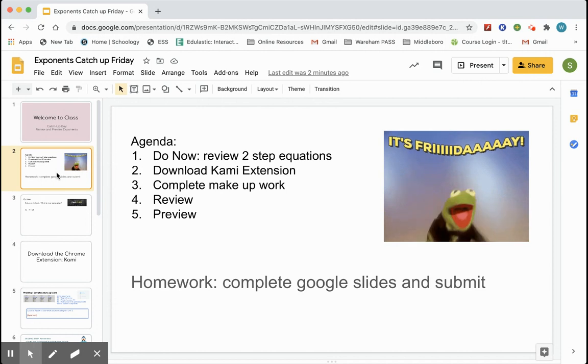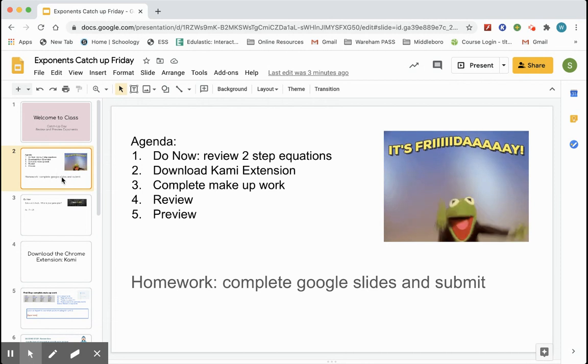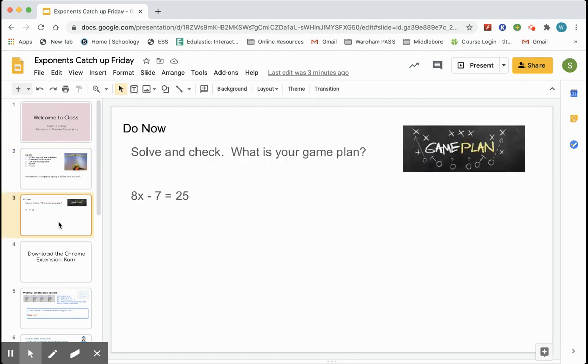The first will be to complete any makeup work you owe in Unit 2. The second will be to review the laws of exponents. And then the third will be to preview 2 new laws of exponents. So your homework is to complete this Google Slides and submit what you do not complete in class.